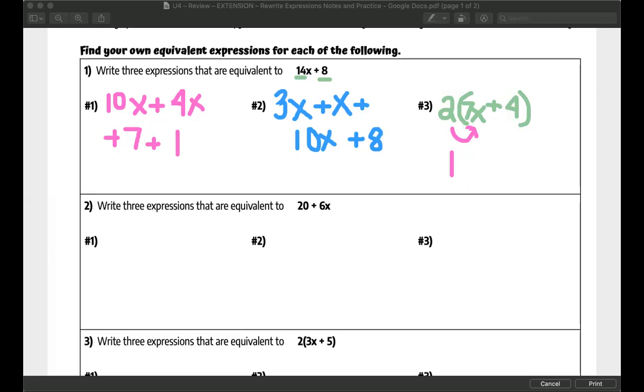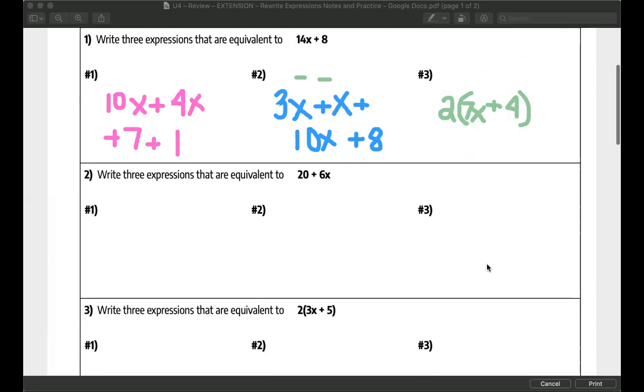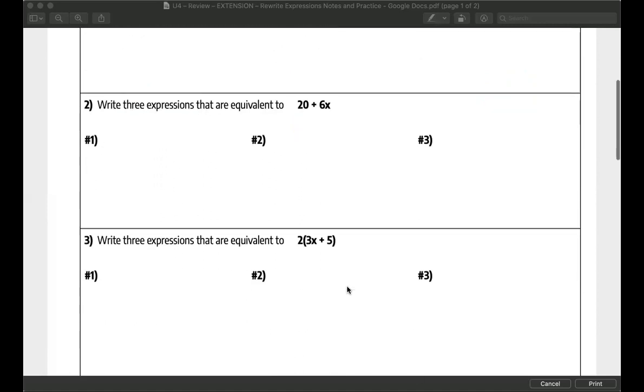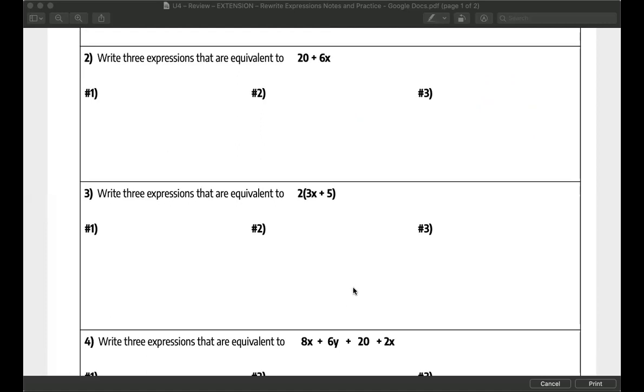All right, let's look at some more examples. Number 2, we've got 20 plus 6x. So we're looking at the same thing here, splitting up, doesn't matter what order I do it. Let's say I split 20 to 15 and 5, plus, let's say I split my 6x into 3x plus 3x.